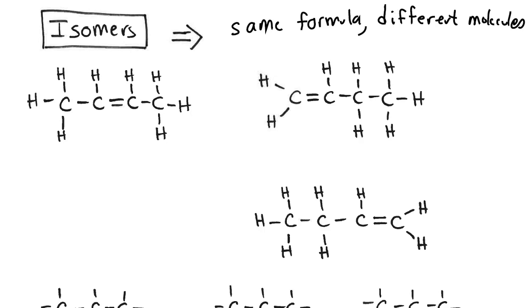All right, so if we look at these 2 molecules on the top and count the carbons and hydrogens, you'll see this one's formula is C4H8, and this one is also C4H8. Okay, but this one has a double bond in the middle, and this one has a double bond on the end. So they're not the same molecule. Those are known as isomers of each other.